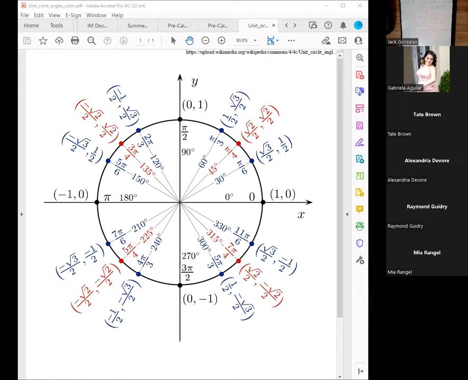Cosine 45. You guys know how to use the circle.